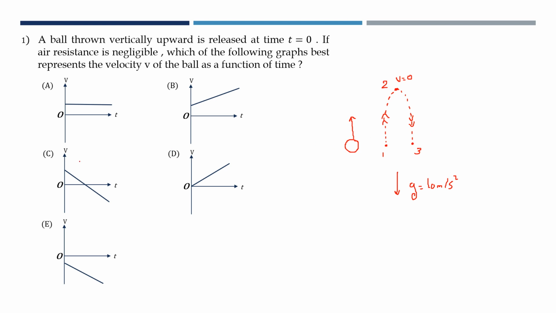So the correct answer is going to be C. From point number 1 to point number 2, we have a decreasing velocity until we reach the maximum height at point number 2, where velocity equals 0. And from point 2 to point number 3, now the ball is gaining velocity because it's moving with gravity, but in the negative direction, in an opposite direction.